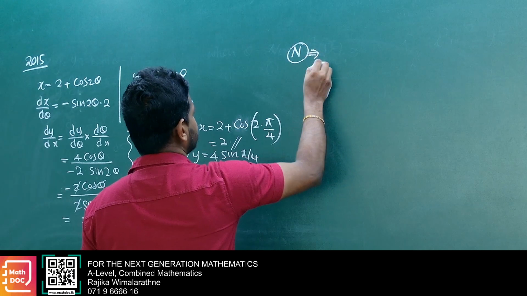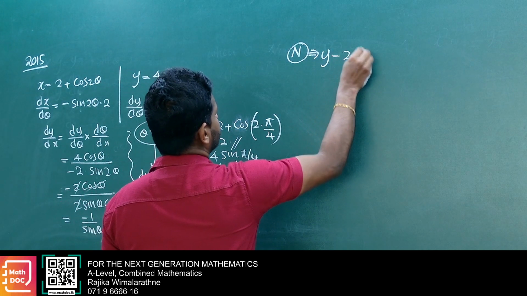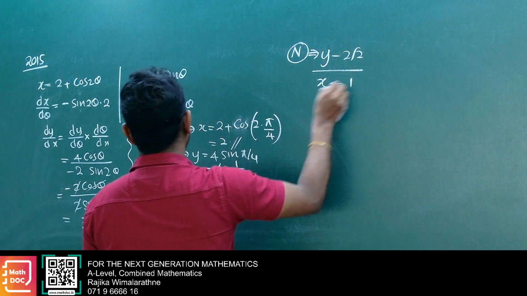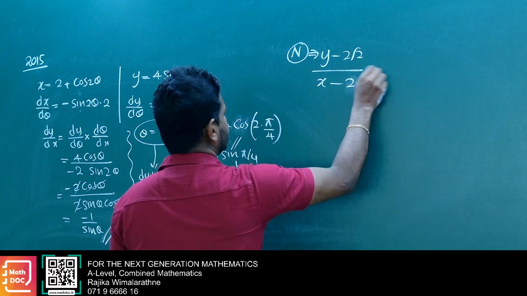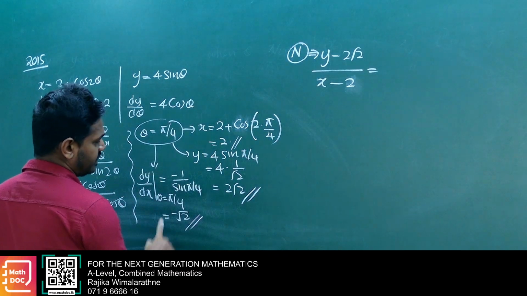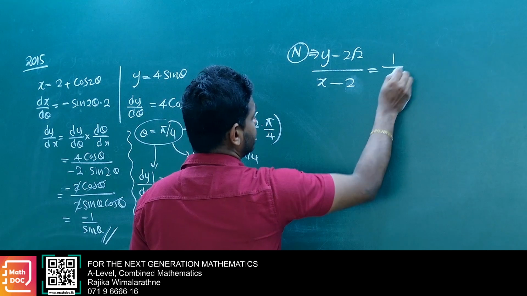Normal equation: y minus 2 root 2 equals (1 over root 2) times (x minus 2). Here the tangent gradient is minus root 2, and the normal gradient is the reciprocal with a change in sign.